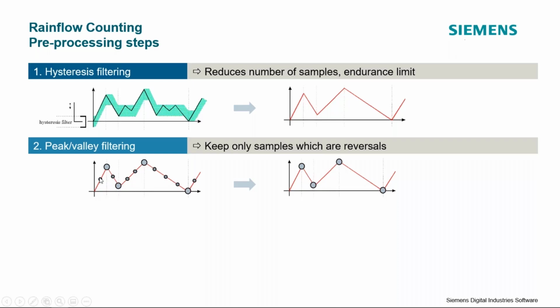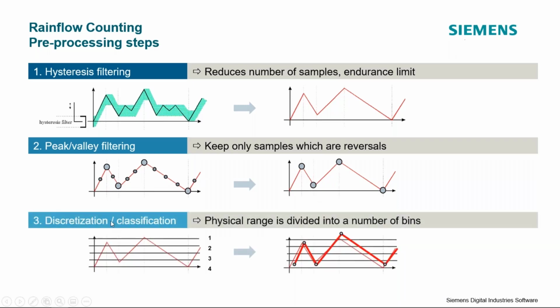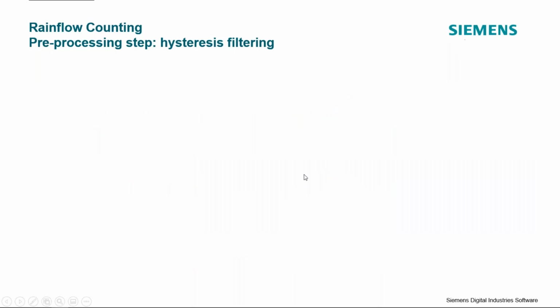We then remove the data points which are not reversals. So for example, this point in the middle here is not a reversal. It just lies on this straight line here. So we can remove that point here and only keep the points which are reversals on the time signal. And then we put these different points into a number of bins. And so we'll go into each of these steps in a little more detail here.